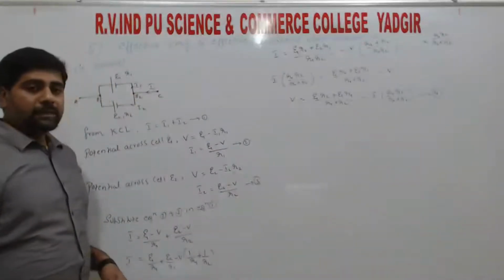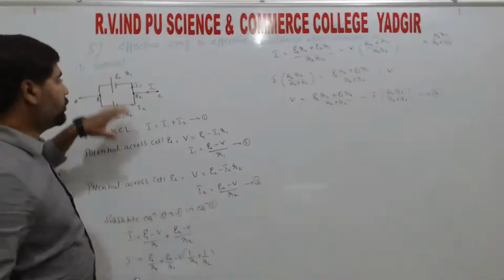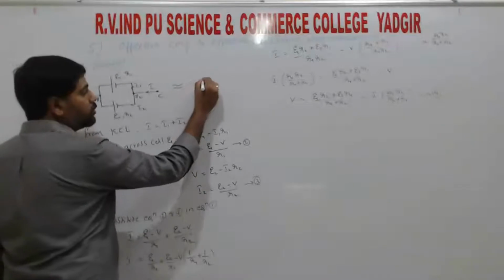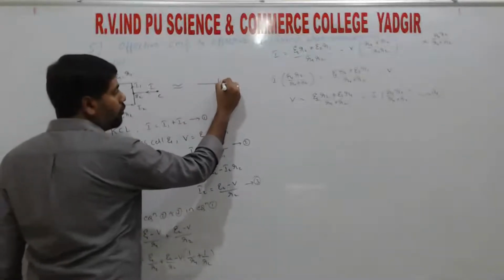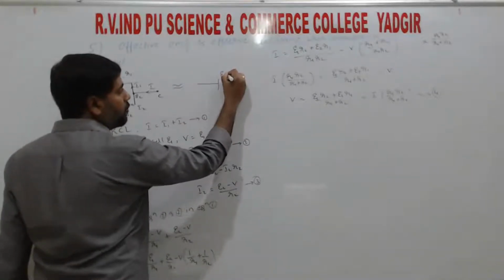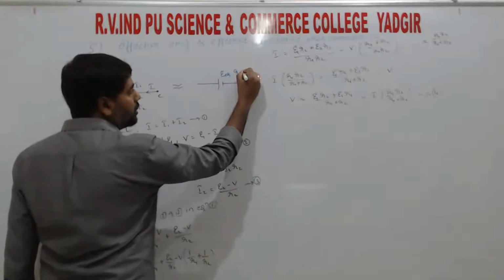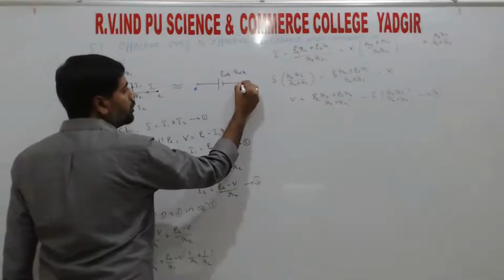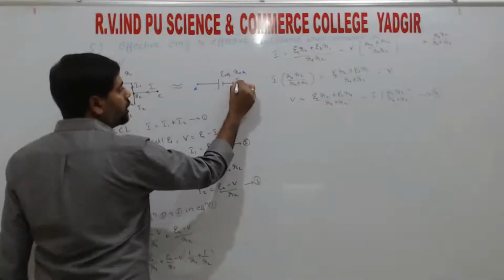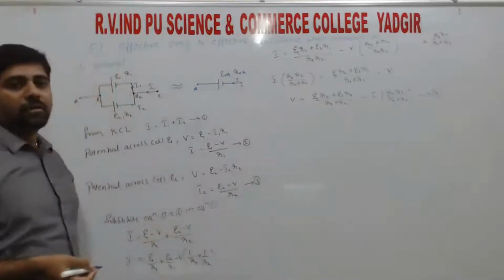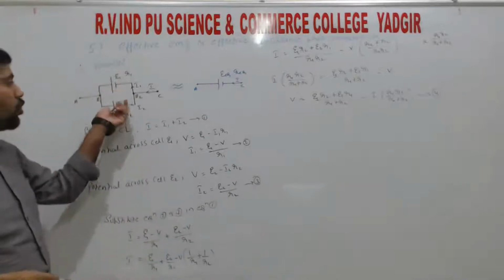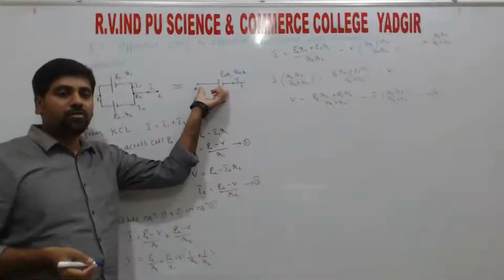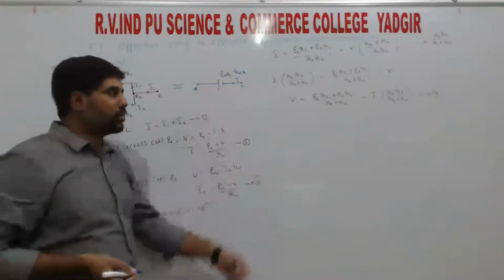Now replace this combination of cells with the equivalent cell, which has only one cell with equivalent internal resistance, between A and C. Here also the current flowing is I. The potential across this combination is V, which will be the same because the current flowing through the equivalent cell is also the same, right?